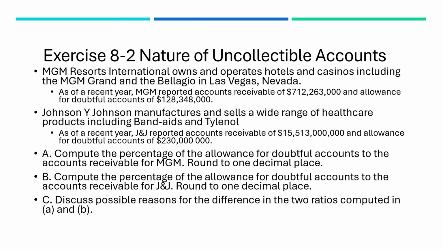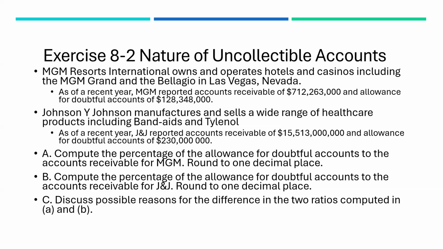And so just to go through a few examples of companies, MGM Resorts owns casinos like MGM Grand and the Bellagio in Vegas, and they had accounts receivable of 712 million and an allowance for doubtful accounts of 128 million.